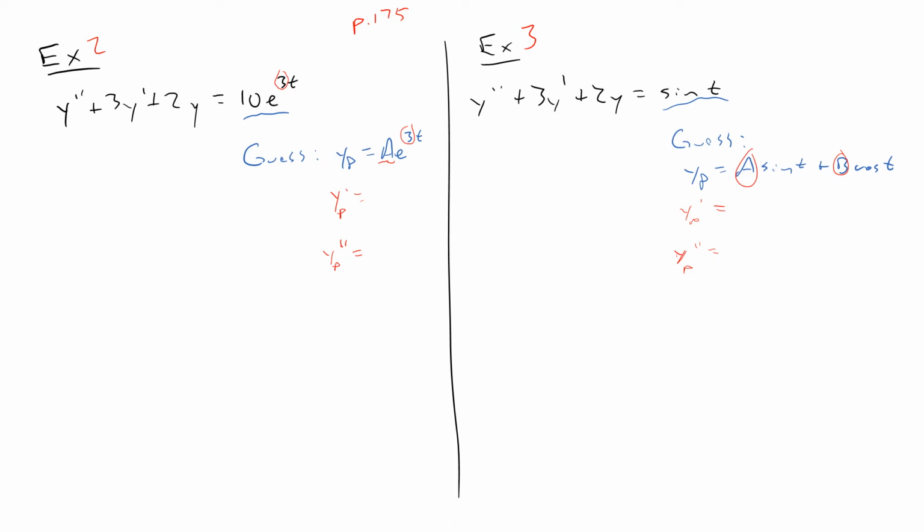I'll go ahead and tell you what the solutions here should be. After doing all the work, you would get a equals 1/2. So then your particular solution in this case would be 1/2 e to the 3t. In this other one, after plugging everything in and solving, you would find that a is 1/10, and b is -3/10.